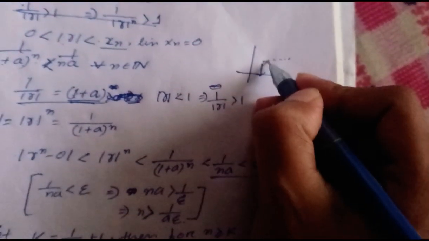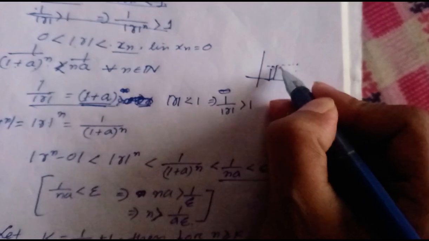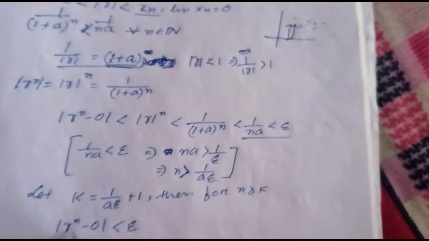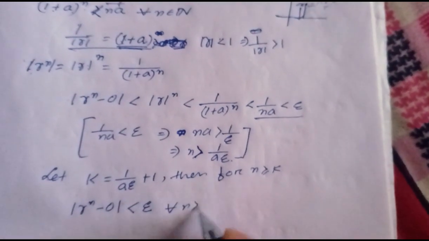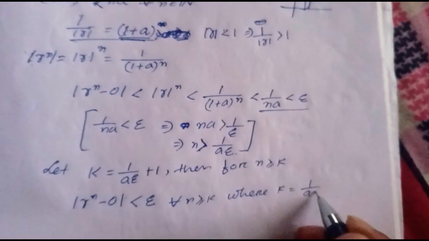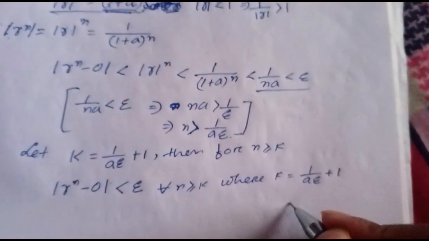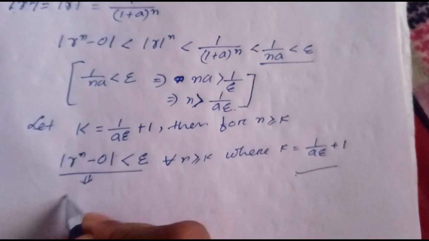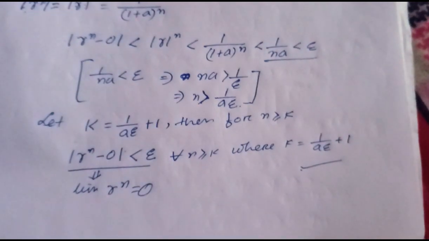So we are starting from this value, and obviously if it holds for this value, it also holds for larger ones, right? So we can say that mod of r to the power n minus 0 is less than epsilon for all n greater than or equal to k, where k equals 1 by a epsilon plus 1. Okay, I hope this is clear. So this simply implies that the limit of r to the power n equals 0. Okay, thank you.